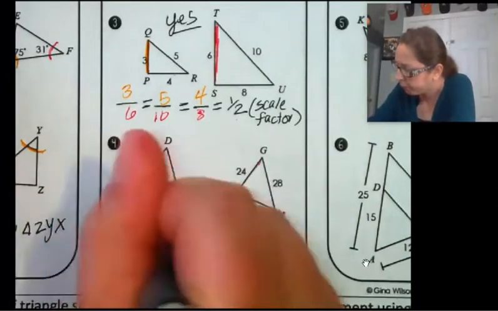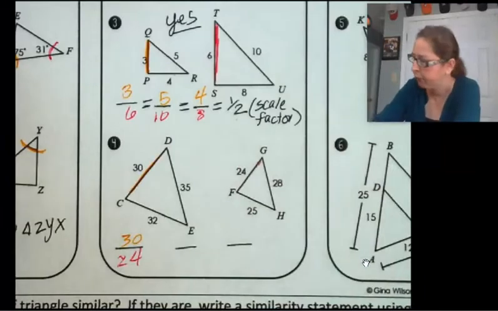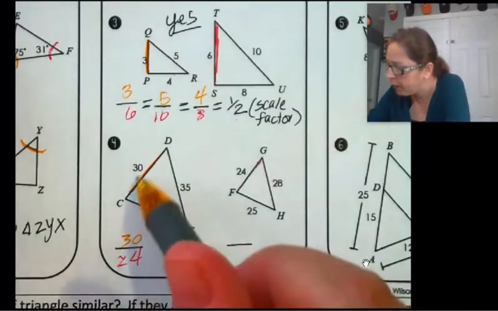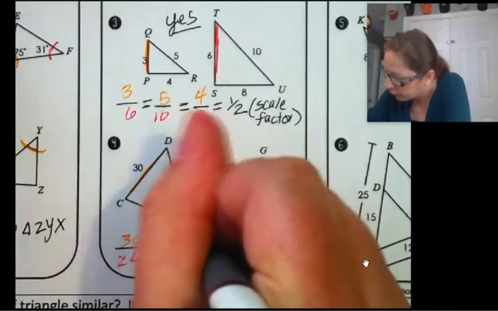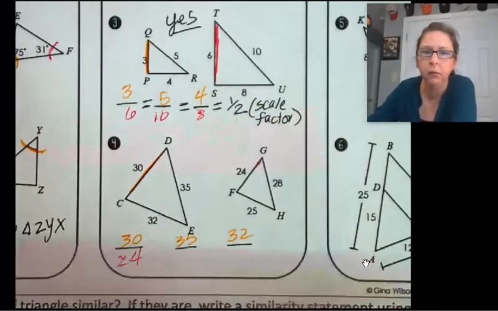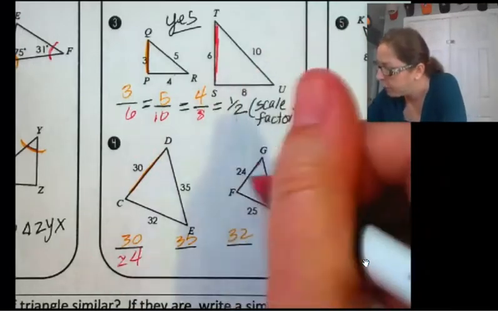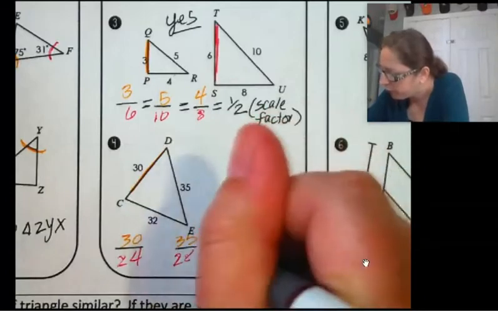Big on top, so let me go ahead and work my way around the big one. 30, 35, 32. And then around the little one, going around the right: 24, 28, 25.